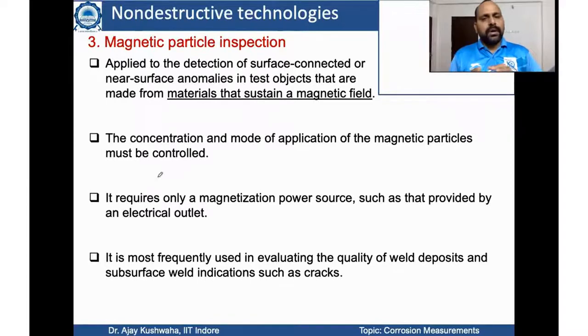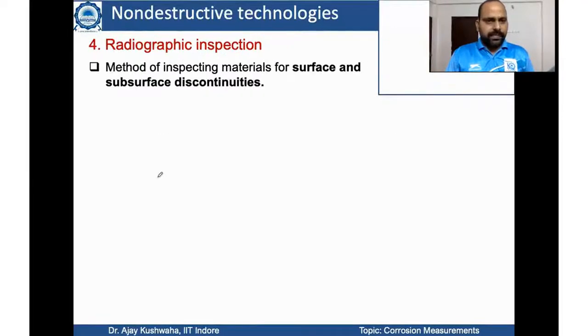If there is a crack in the weld and the material is magnetically susceptible, the magnetic particles give a signal where the crack, joint, or weld failure is, and that can be identified.